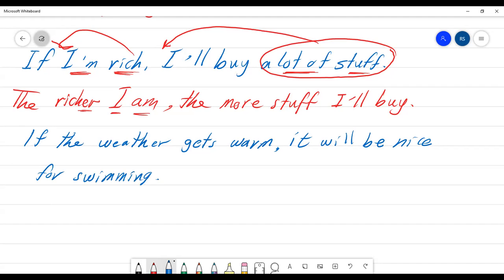Can someone try? Just try. The weather gets warm, it will be nice for swimming.